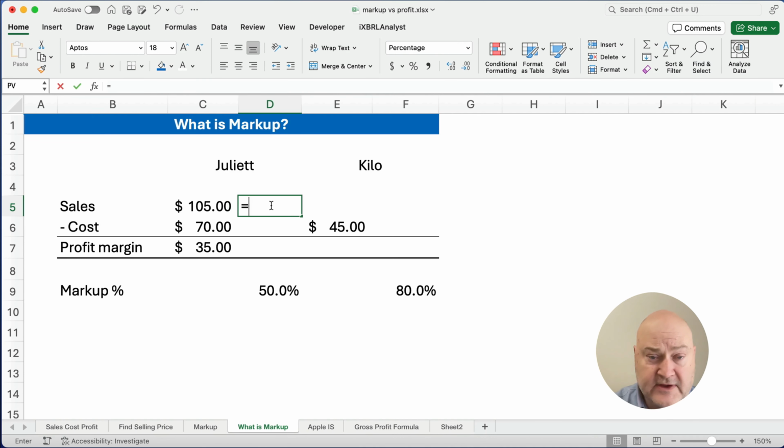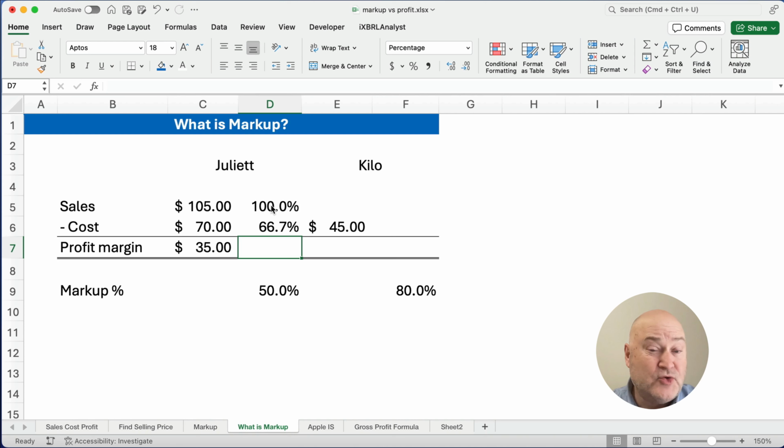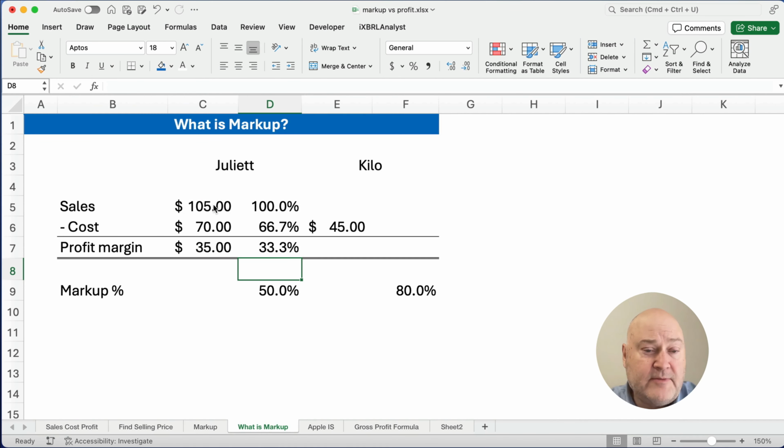So let's do the math on this. 105 divided by 105. 70 divided by 105. What is our cost? Our cost is about 2/3, 66.6 repeating, right? And then 35 divided by 105 is 33.3%. So when our markup is 50%, our profit margin is 33%.